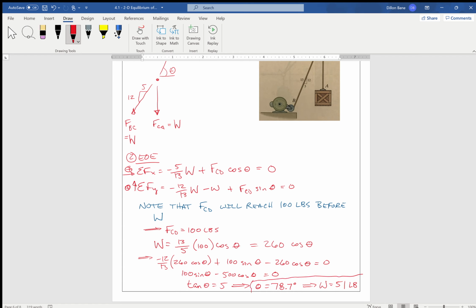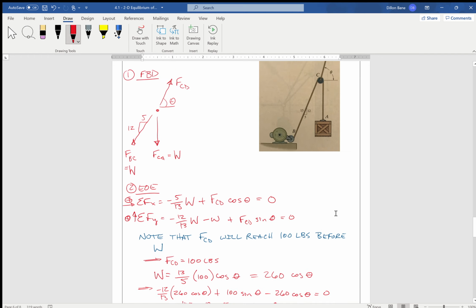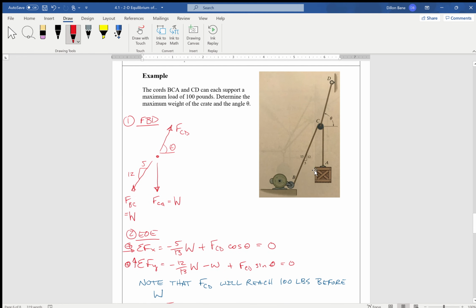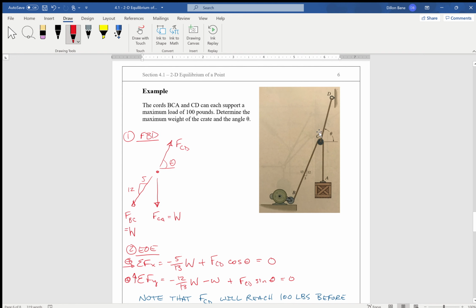Okay? So what this is telling us is that if I have a crate that weighs 51 pounds, that will develop 100 pounds of tension in FCD. Now let's take a pretty conceptual view of this.